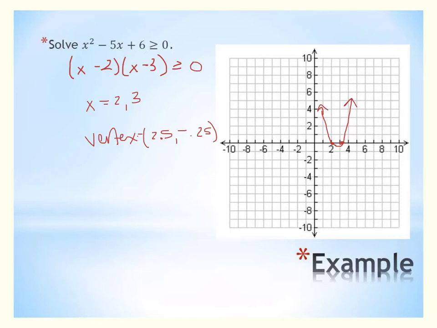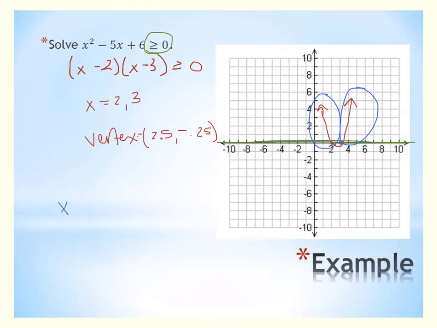All right, so this says greater than or equal to 0. The x-axis is 0. So where is it greater than 0? Well, we have right here that it's greater than 0, and we have right here that it's greater than 0. So this is actually an OR statement, if you remember back to our OR statements.